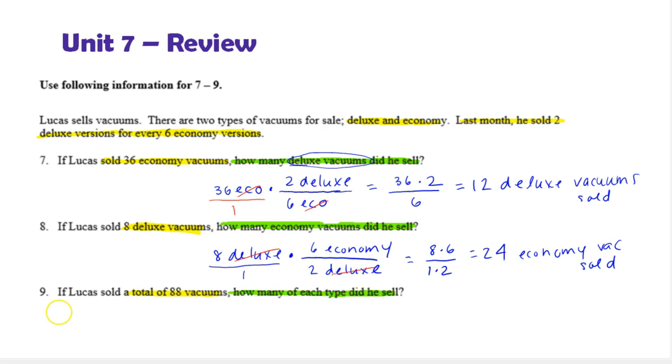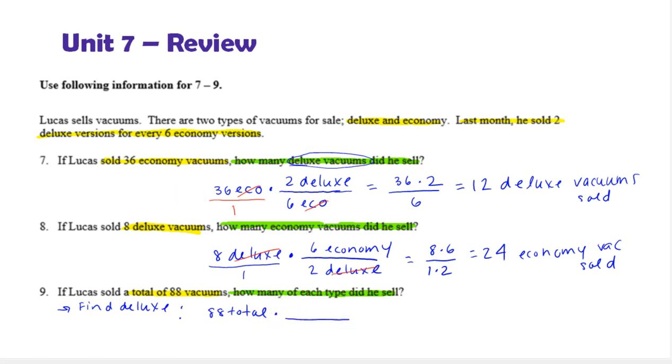So first let's just write this, find deluxe. Okay. And then we'll use a ratio of deluxe to the combined amount of deluxe and economy. So that's not the total vacuums he sold, but it's like a total in relation to these two parts and a whole. So start with 88 vacuums, and we'll put 88 total.